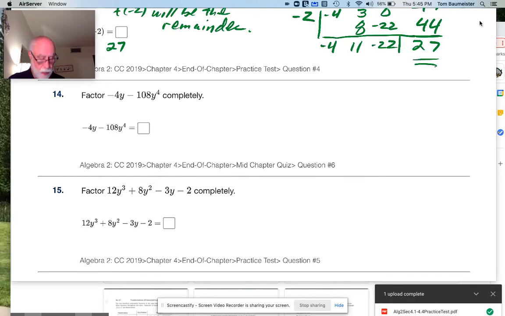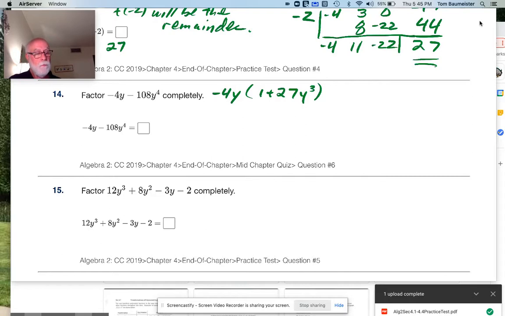And hopefully you'll say yes, because then I can factor out the negative 4y. And then what I'll have left is negative 4y times 1, and then plus 27, and then we have y cubed.